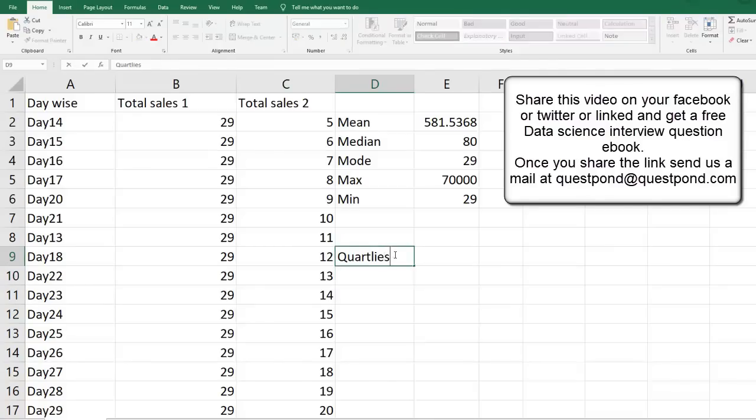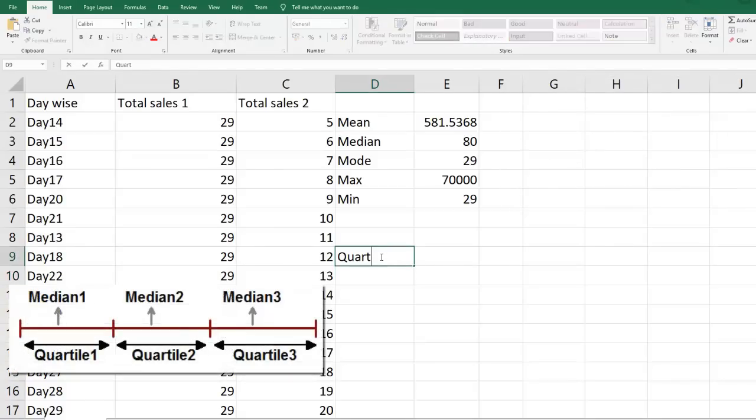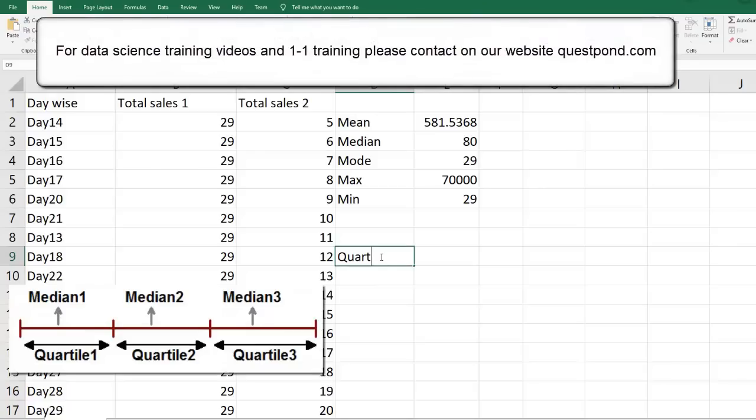So let us go ahead and calculate quartiles, and let us try to find this outlier. A quartile is nothing but it divides your data set into 3 parts or 4 parts. At this moment we will divide our data into 3 parts, and for each of these parts it tries to find the median. So I can say this is quartile 1, quartile 2 and quartile 3, right?